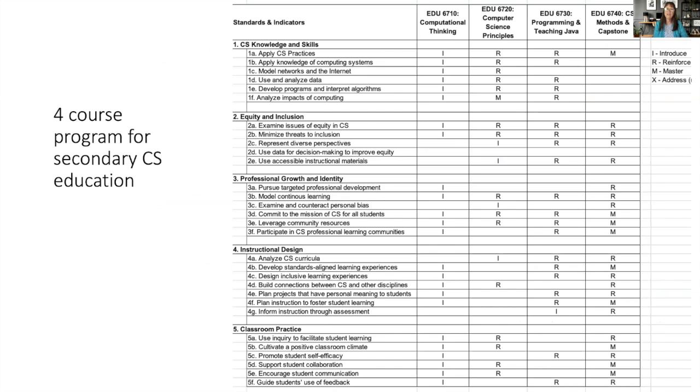And so looking into the CS Educator Standards, you can see that the practices and the content that make up computer science are under the CS knowledge and skills, the understanding of the problems of equity and inclusion, the need for continued professional growth and identity, the ability to design effective curriculum instruction, and the practice in the classroom are all outlined here and make up the CS teacher standards.